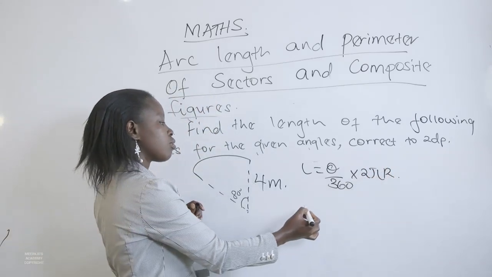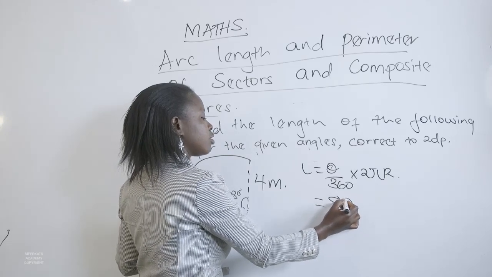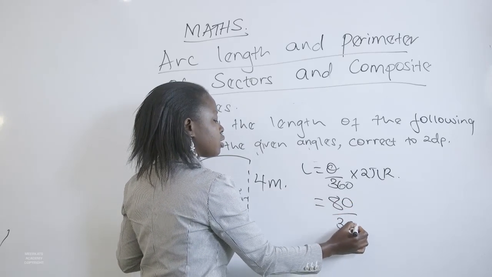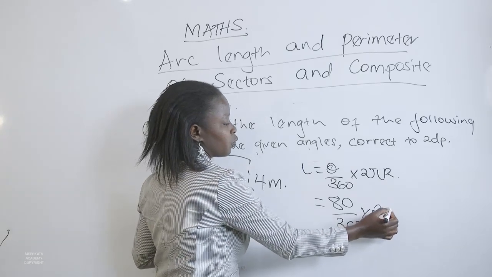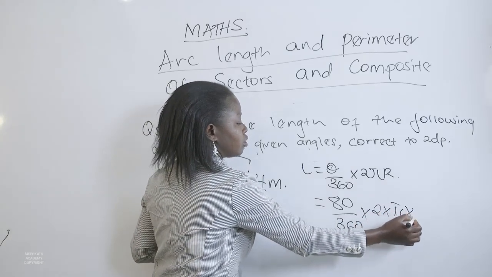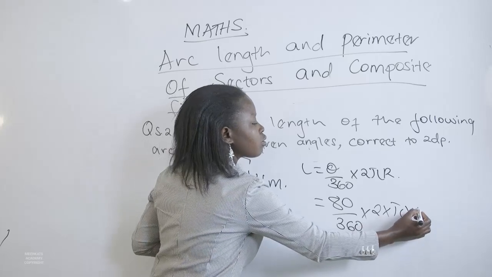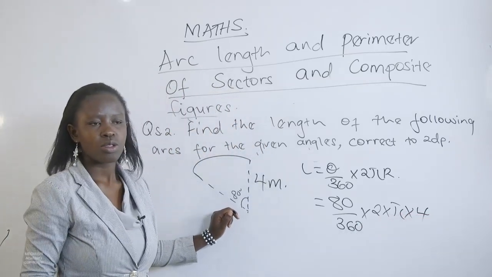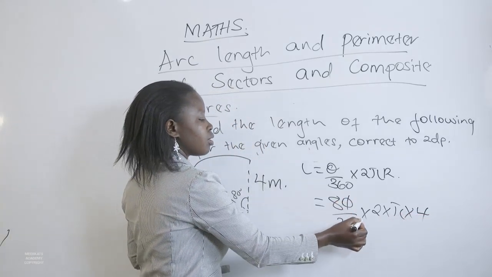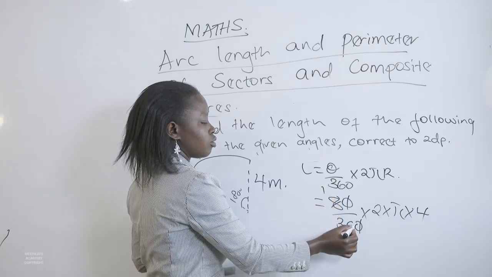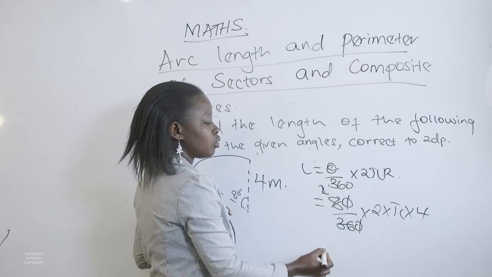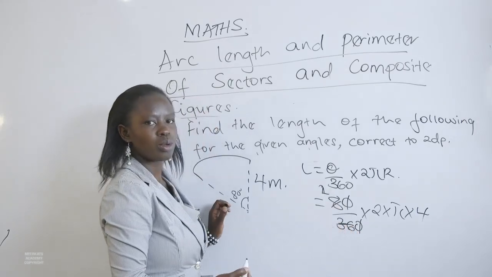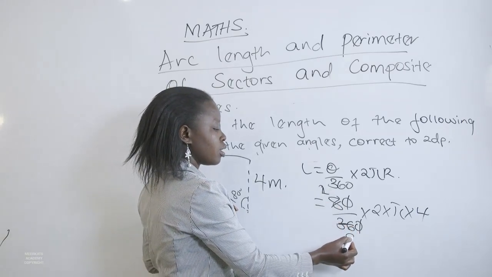So this means that our theta is 80 divided by 360 multiplied by 2 times pi times our radius, which is 4 meters. So when we simplify, 4 into 8, 2; 4 into 36, we have 9.